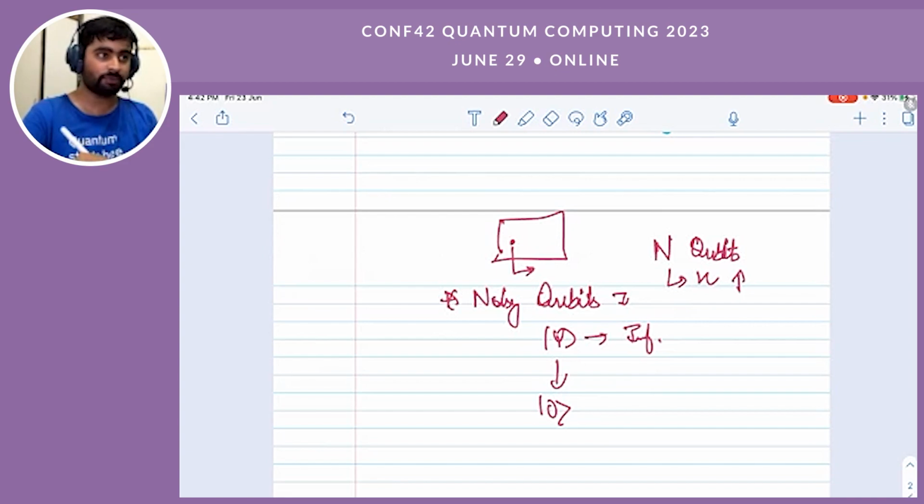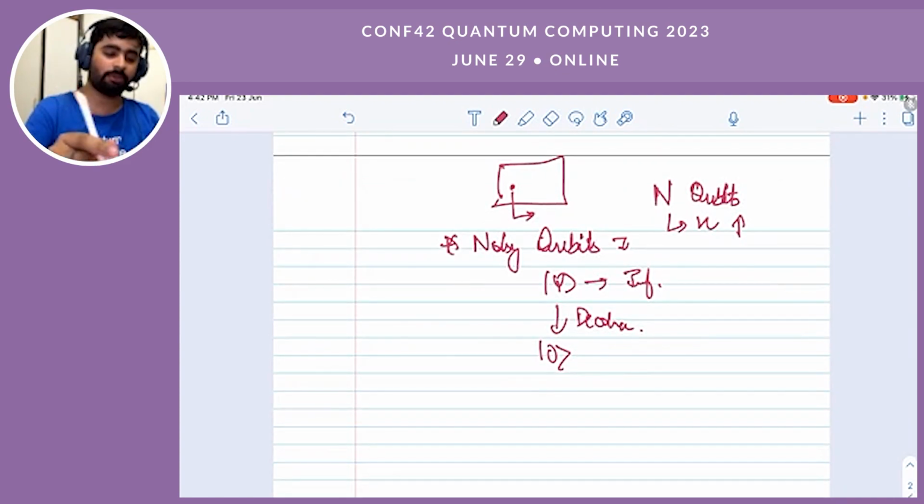This is usually called decoherence. And this leads to loss of information. So basically, you cannot rely on a qubit to maintain its state.